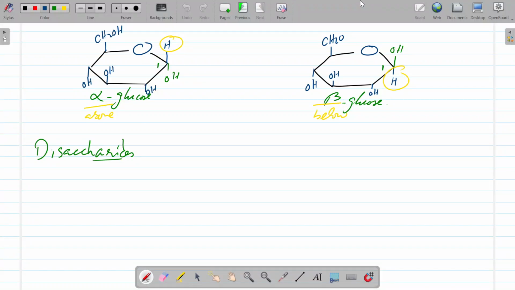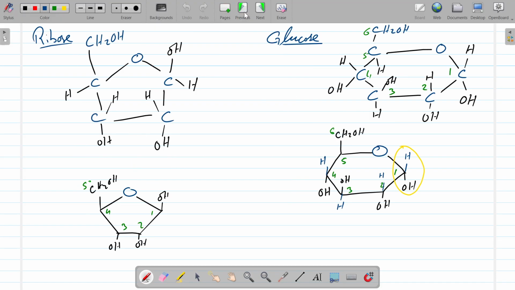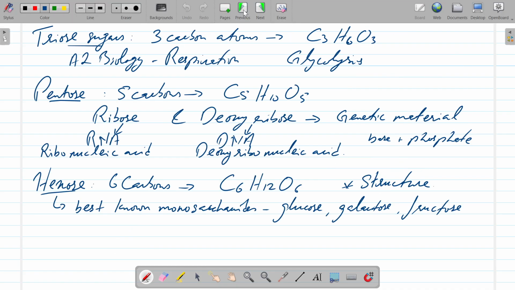Right, so in the last class we talked about monosaccharides and the general formulae for the triose, pentose, and hexose sugars, and the biological processes in which they are involved.